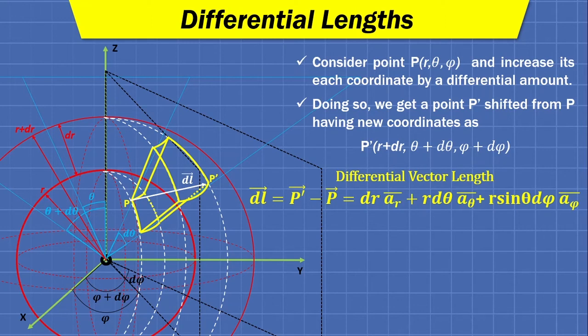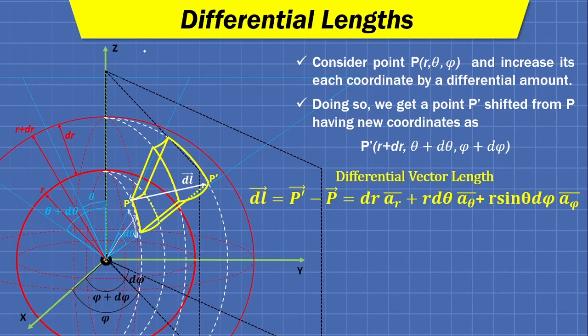plus r d theta. You see this length, sorry, not this length, this length of arc. We have a radius r over here and the difference between angles is d theta.